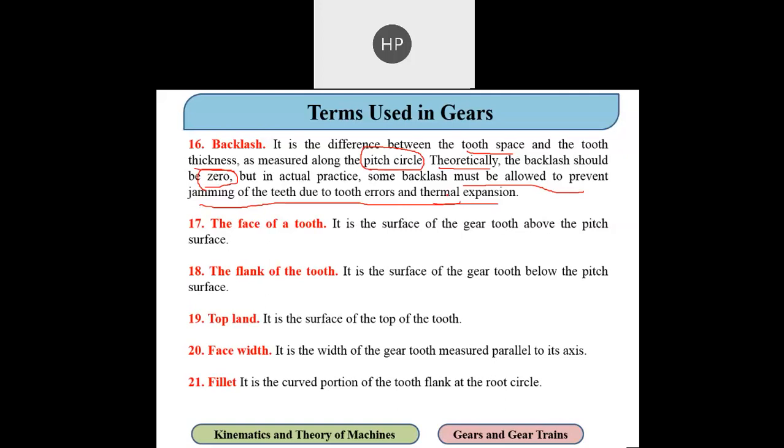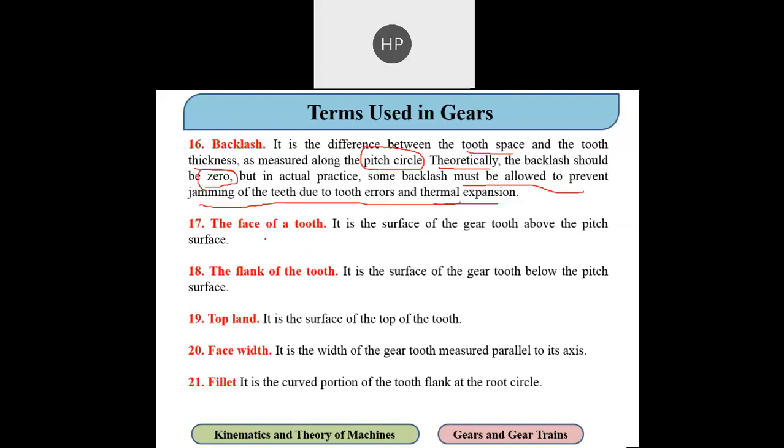If we make it of the exact dimension and the metal expands, it will definitely jam. But if we give some space, then after expansion there will be some remaining space, and that's why in actual practice some backlash is given to the gear.